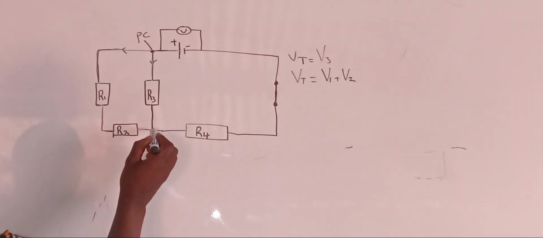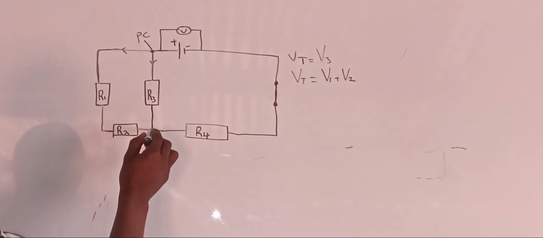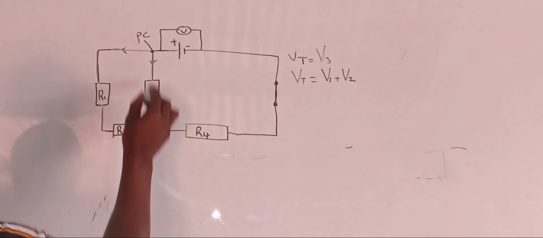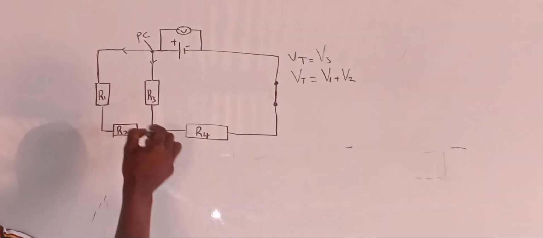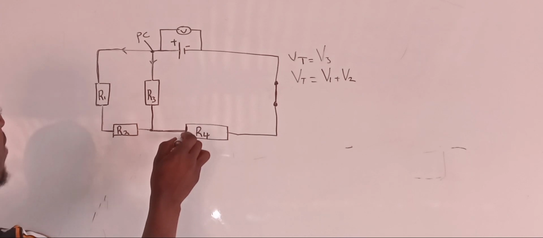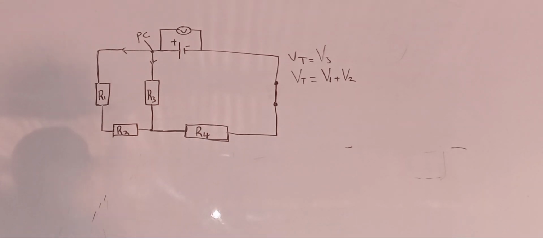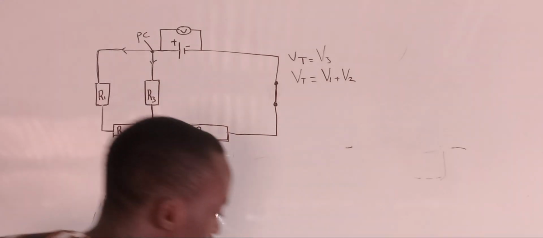So as I explained, the split currents meet here, the current coming from this side and the current coming from that side. So they meet here, and this is the total current, meaning that in resistor number 4, we will have the total current flowing, meaning that resistor number 4 is connected in series. I don't know if you understand that. It's connected in what? In series. Okay, let me just erase this.